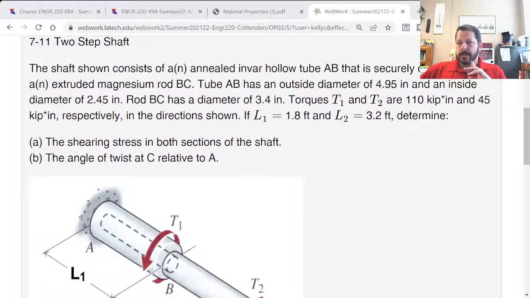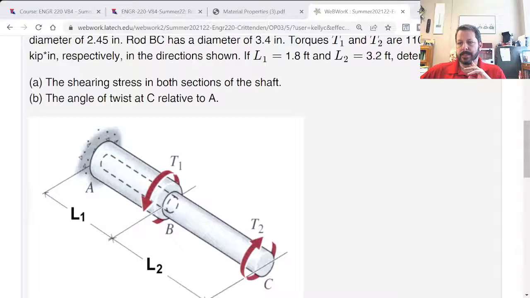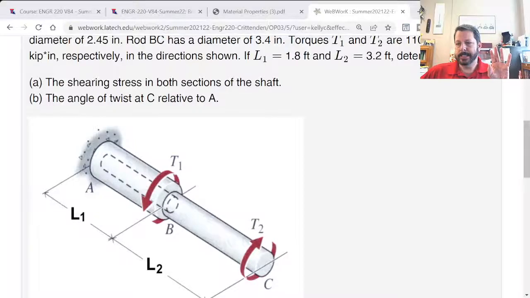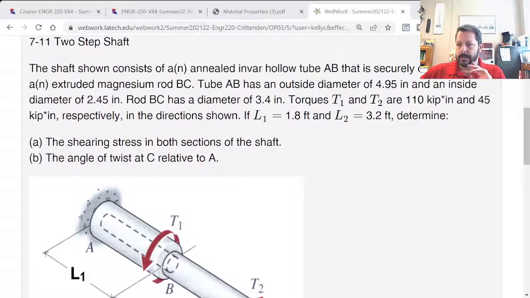So the shaft is an annealed ENGR hollow tube. That's the one that's attached to the wall back here. You can see that dotted line is showing that it's hollow. And it is securely connected to an extruded magnesium rod BC, this other piece in the front part, and it's solid.